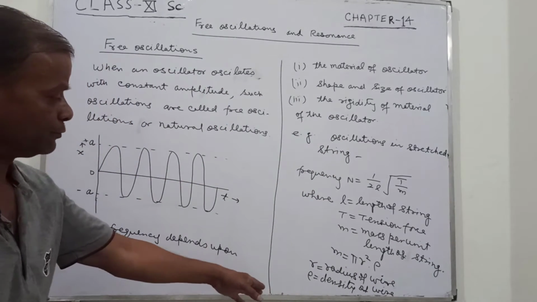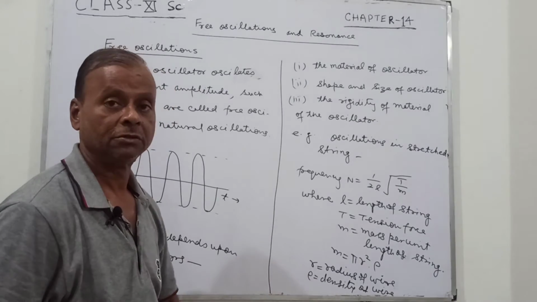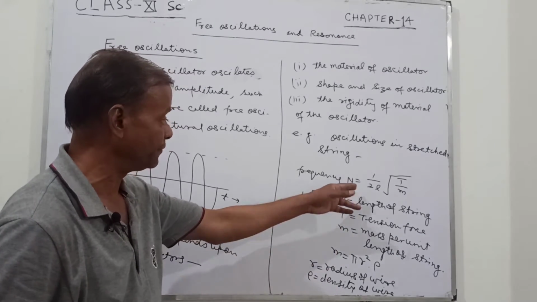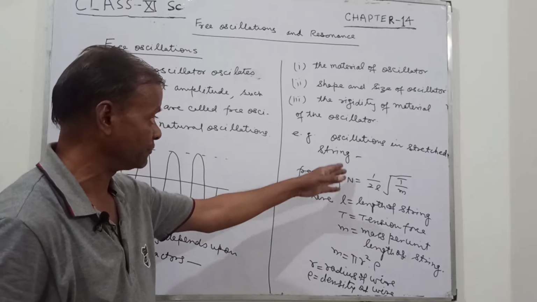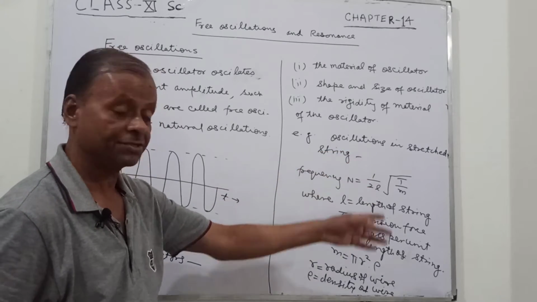For different materials we have different values of rho, the density, so we will have different values of n. Thus the natural frequency depends upon all these factors for the stretched string.